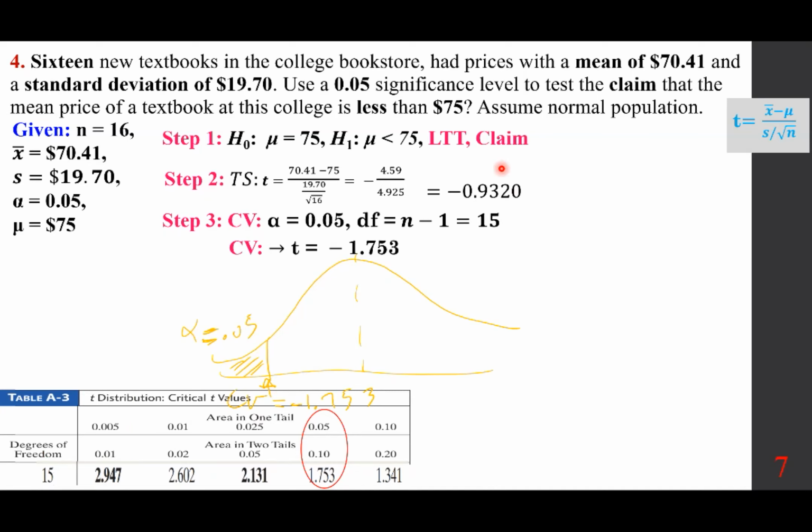So where does this go? Negative 0.9, somewhere here. So this is not inside the rejection region. Again, fail to reject the null hypothesis.